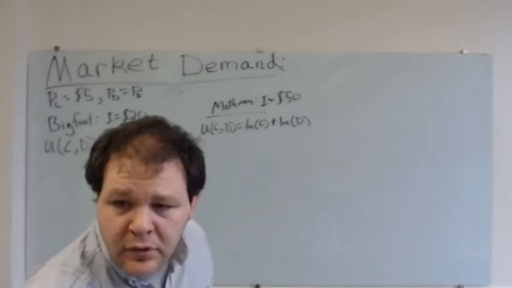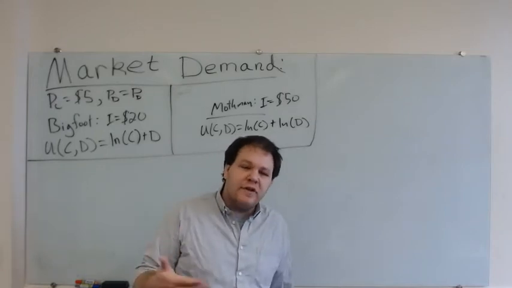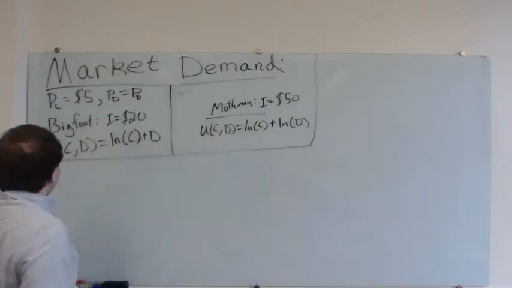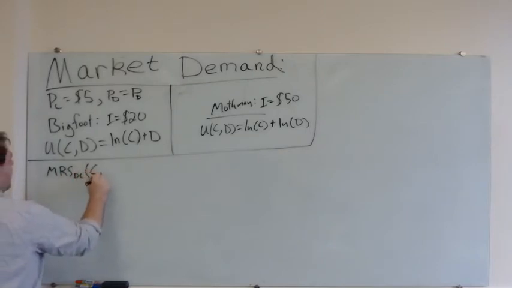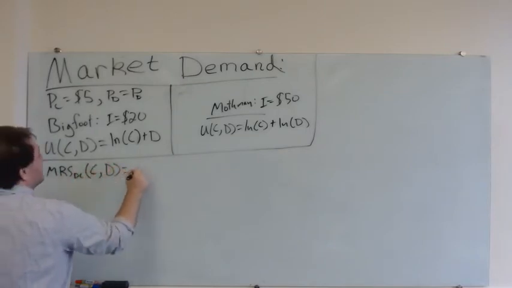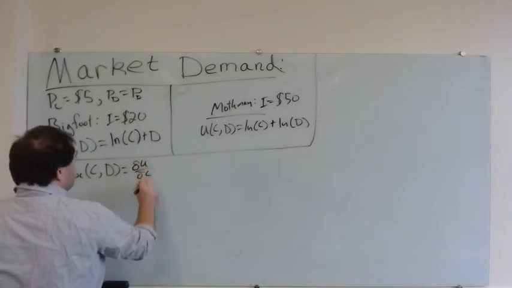Okay, so to start with, we want to find the individual demand curve for each of these cryptids. So let's start with Bigfoot. The first thing we're going to want to do is find the MRS for Bigfoot, which is just going to be du dc over du dd.